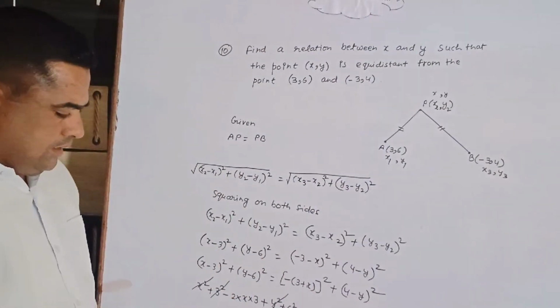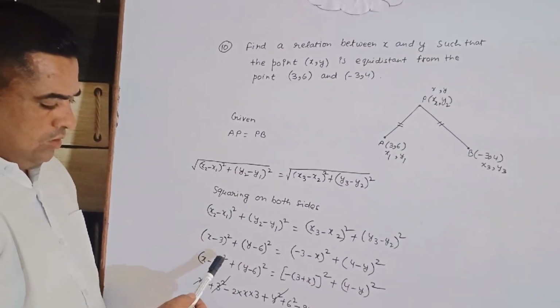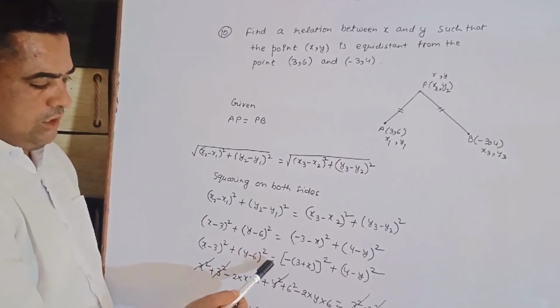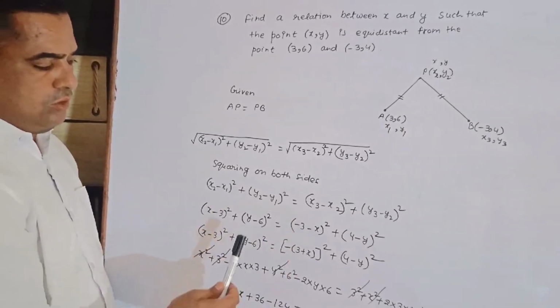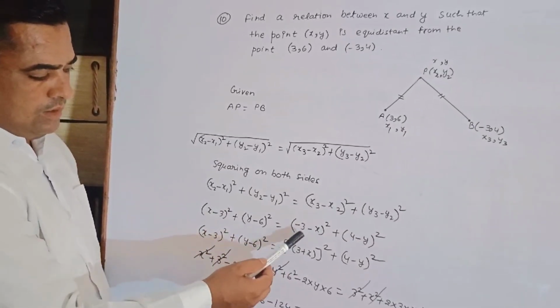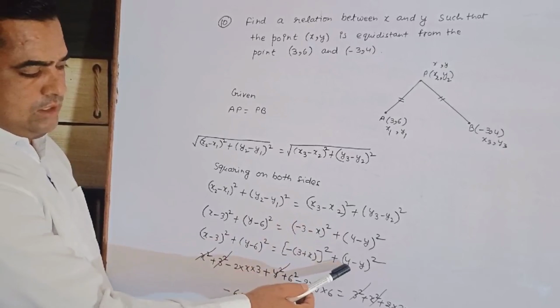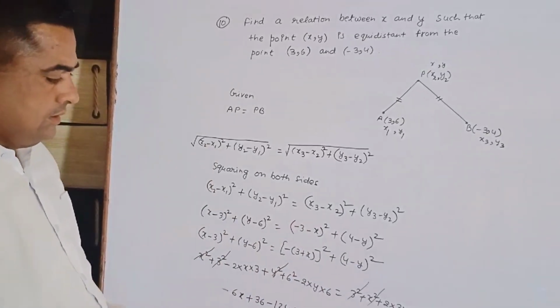Now we will solve this part. We will write x minus 3 whole square plus y minus 6 whole square is equal to, minus sign is common between both the terms. Now minus is common. We will write here 3 plus x whole square plus 4 minus y whole square.